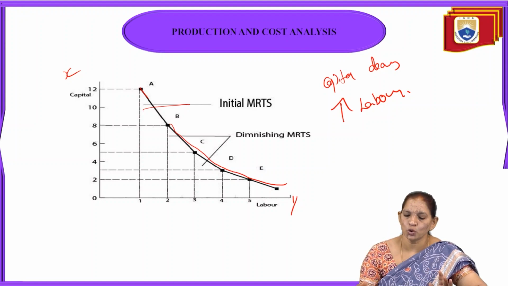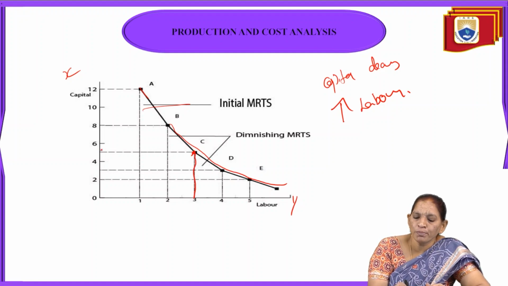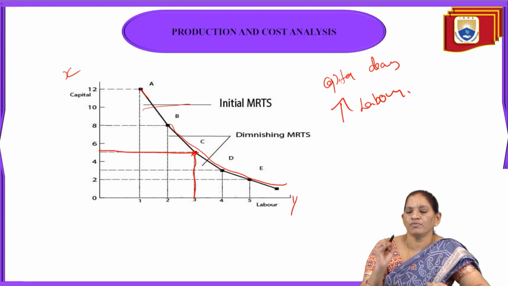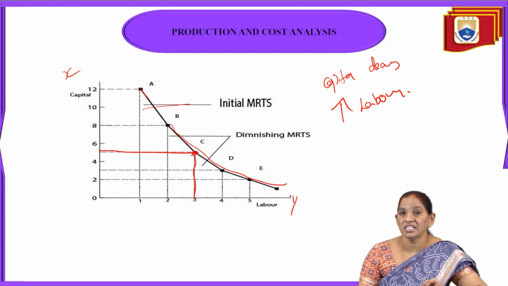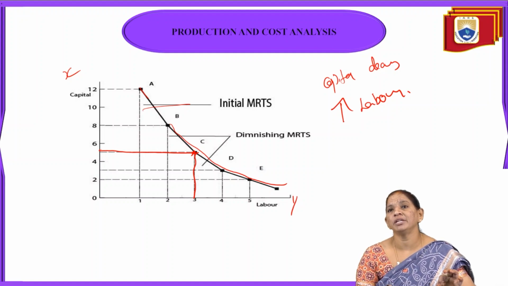So we should have the optimum, means we should stop at the point where we are able to get the optimum cost at 6 units of capital. We identify that 3 units of labor is possible, means capital and labor.